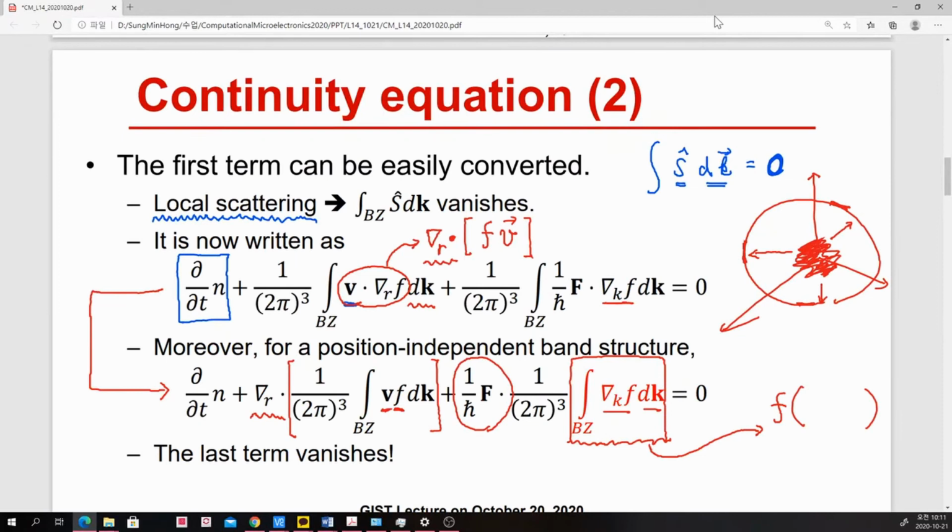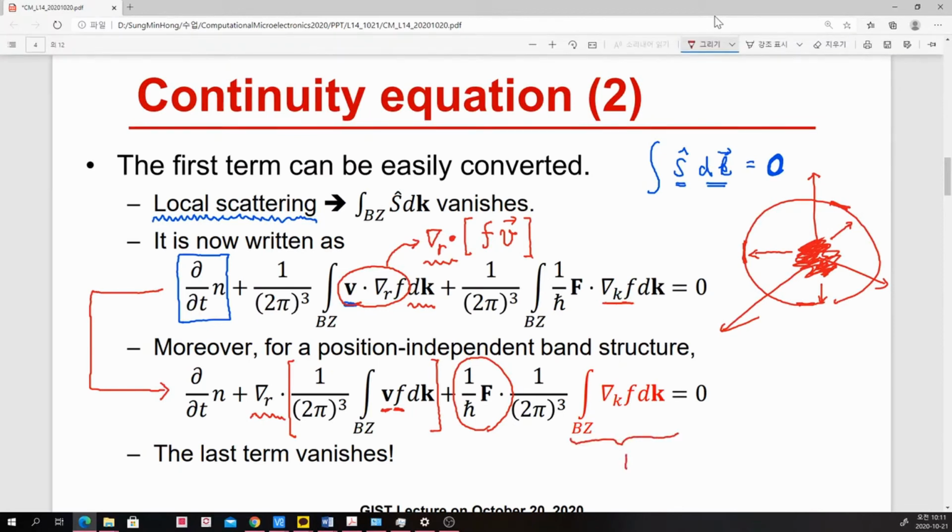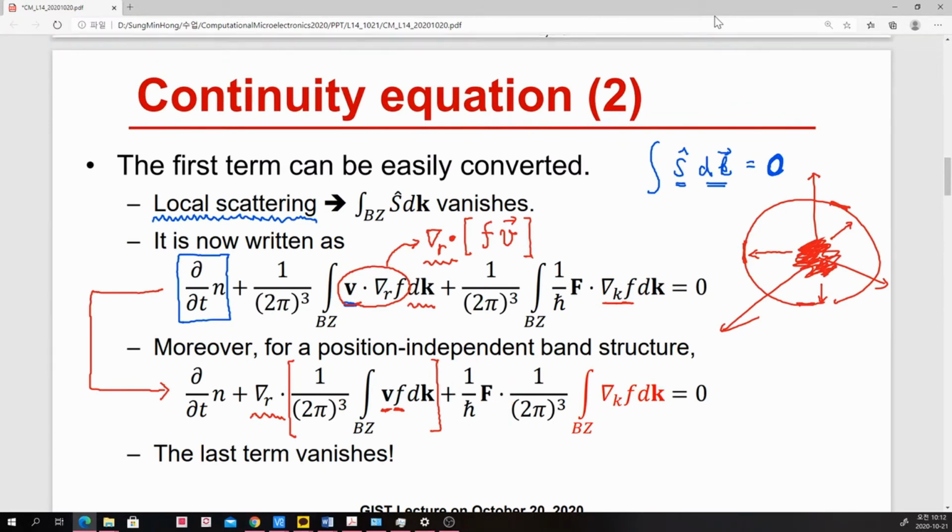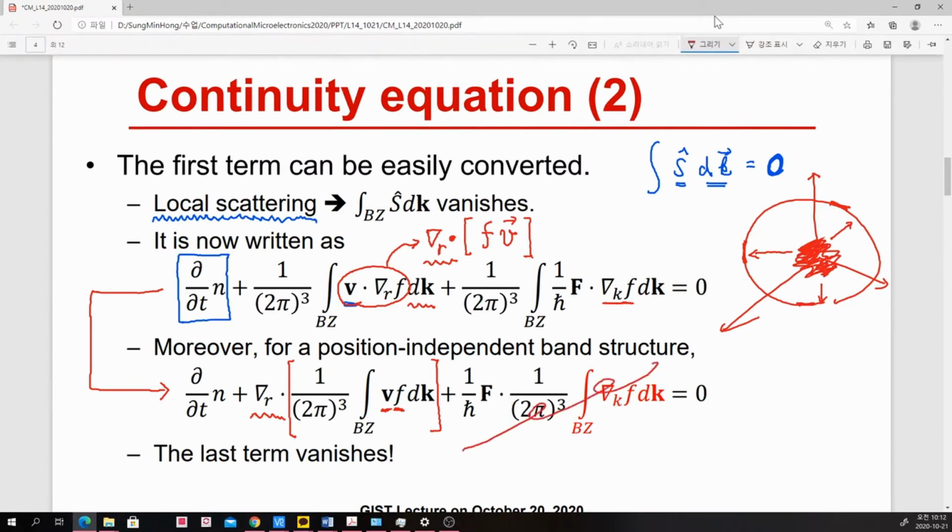And these states with extremely high energies are not usually occupied by our electrons. So by performing this integration, this red colored integration gives you just number 0. So the entire third term can be regarded as just 0.